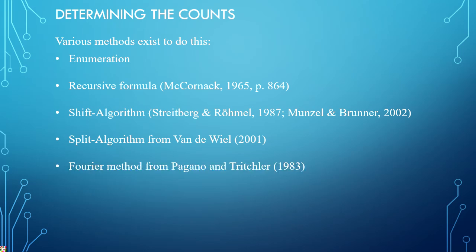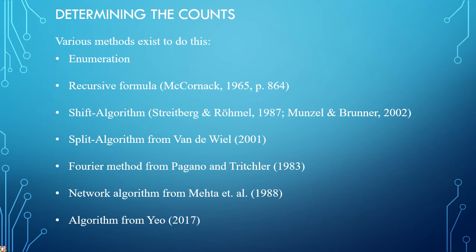There's a Fourier method, and there's a network algorithm, and there's one by Yale, who optimized a few years ago, I think it was the shift algorithm. He combined some of the algorithms, and that's a different approach.